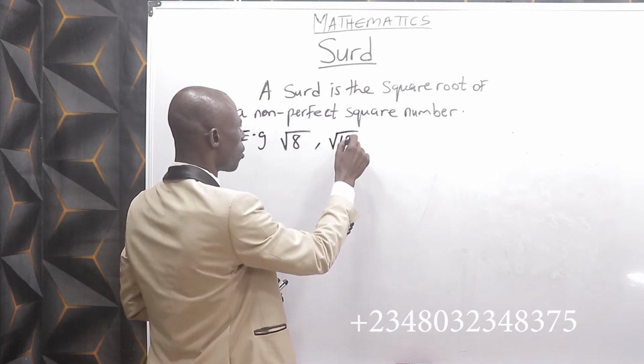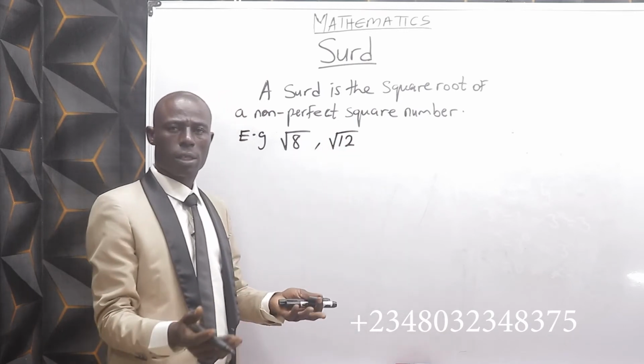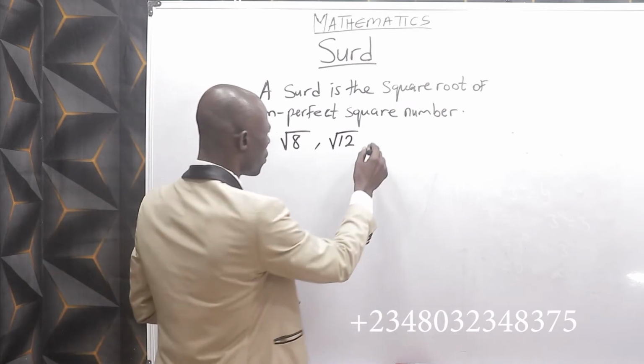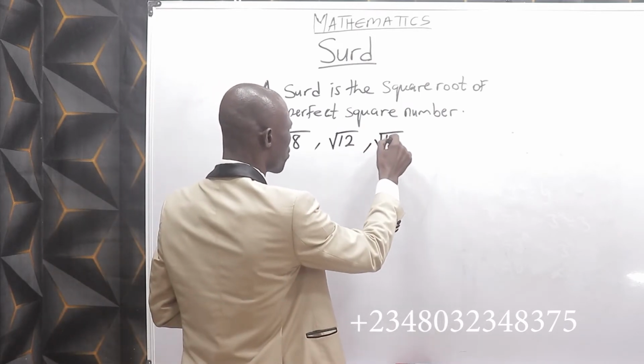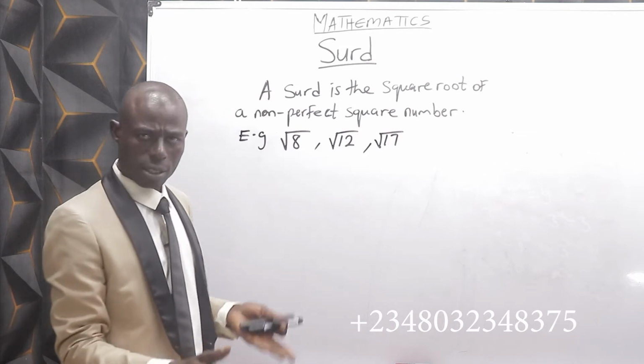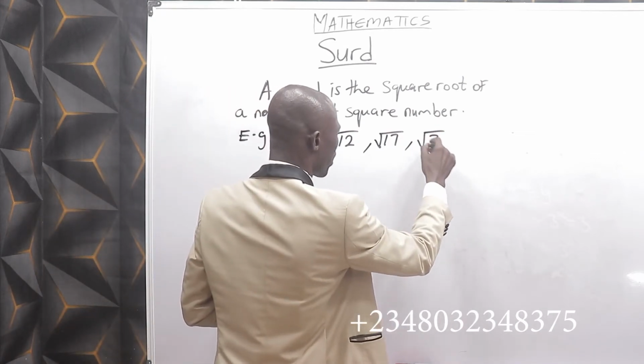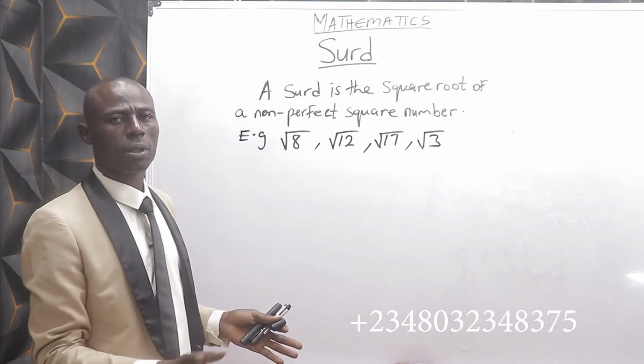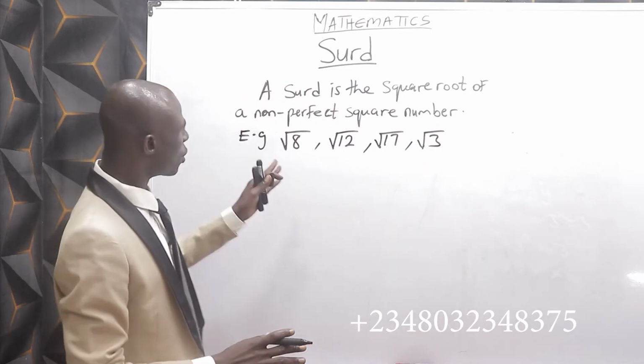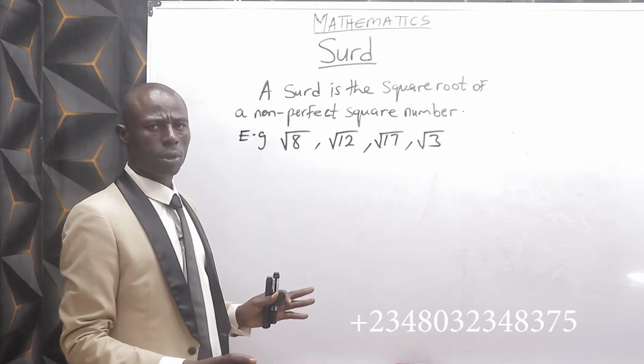Square root of 12 is a surd. Square root of 17 is a surd. Square root of 3 is a surd, and so forth. That is what we mean by surd.